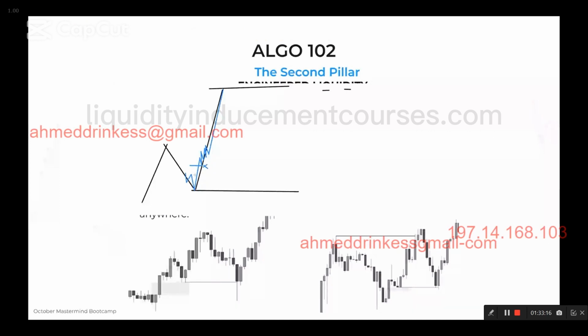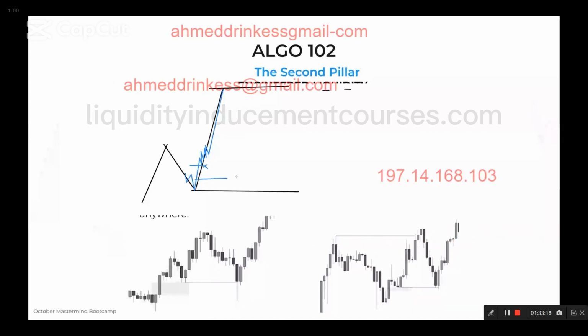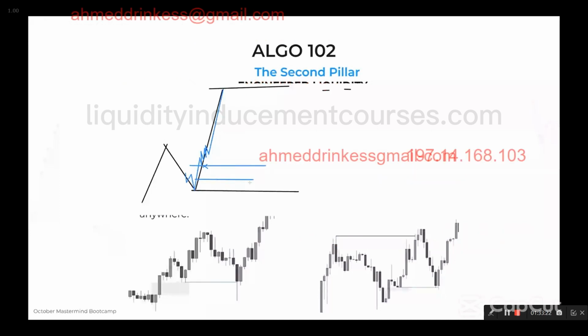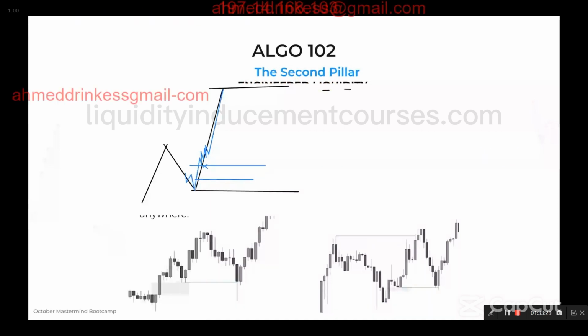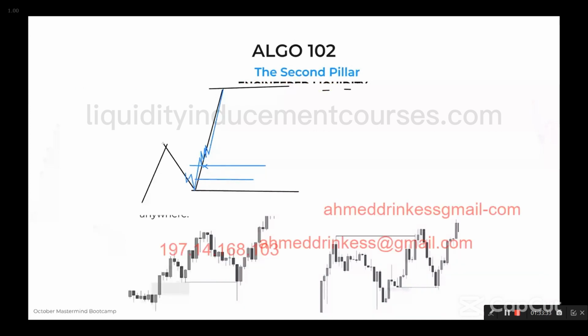Also, there is an imbalance left behind here to here. This is what we call the transactional point of the algorithm, because this is the first internal liquidity point that causes structure to be broken.